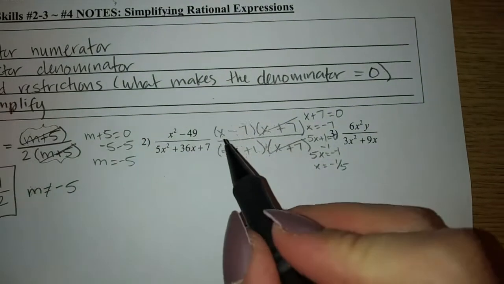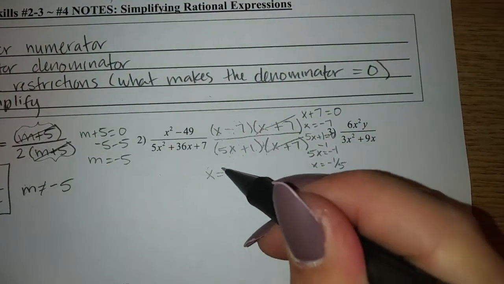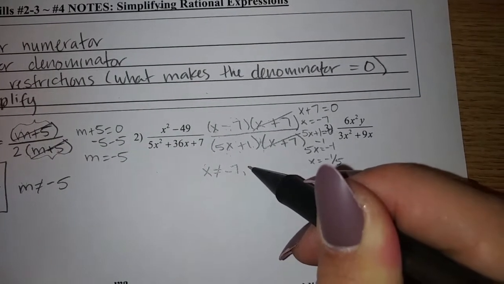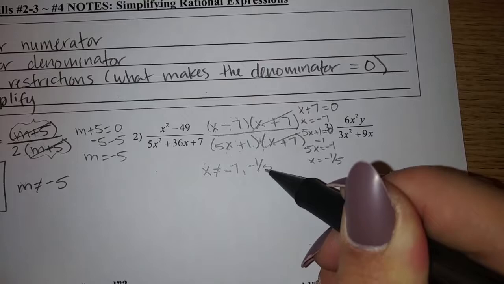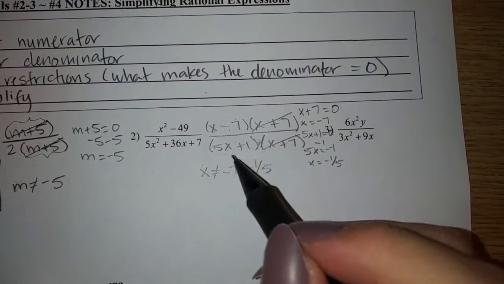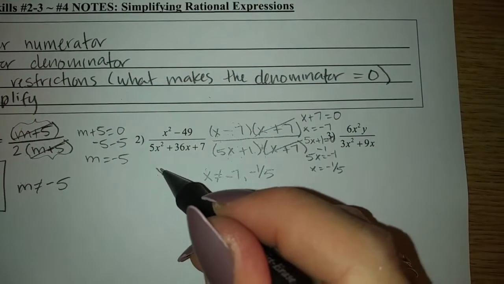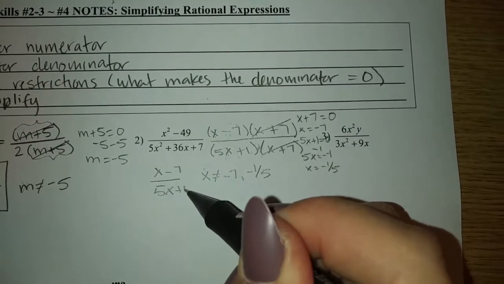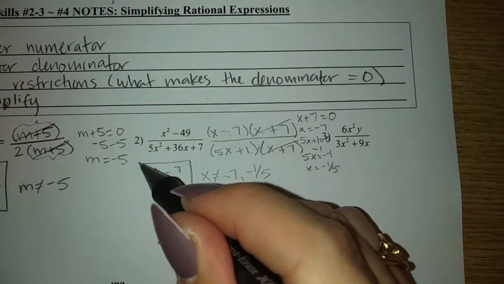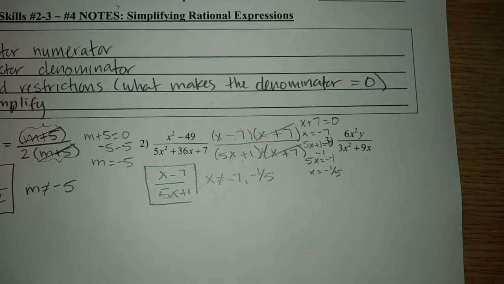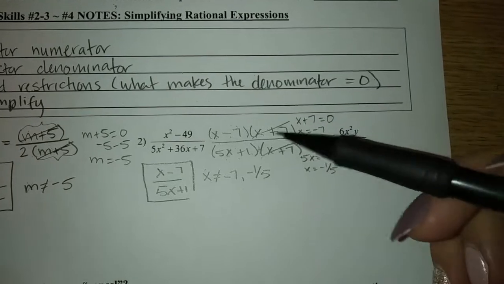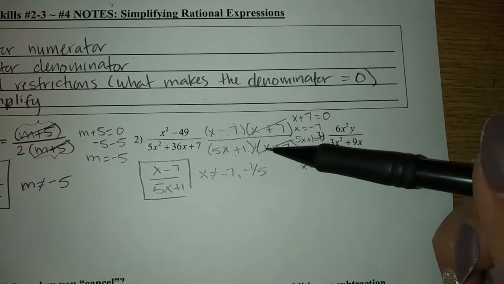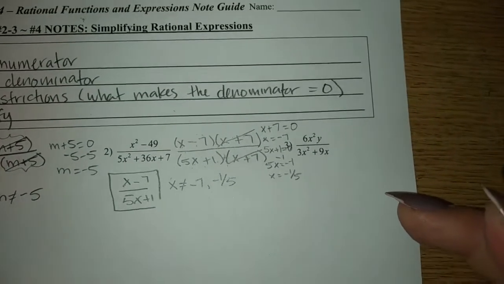So we'll say that x cannot equal negative 7 or negative 1/5, but our simplified rational expression will be x minus 7 over 5x plus 1. I know it's getting a little bit harder, but as long as you remember that you can't eliminate an expression unless it's multiplying, you should be fine.